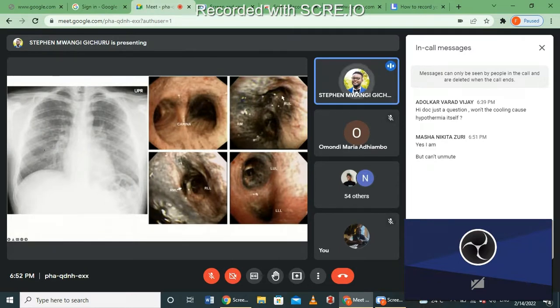Anyone want to tell us what they can see on this chest X-ray? I can attempt.